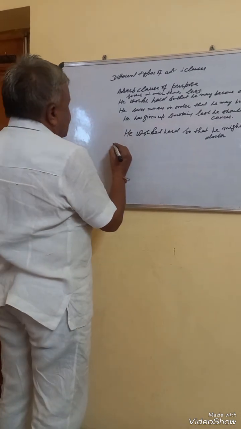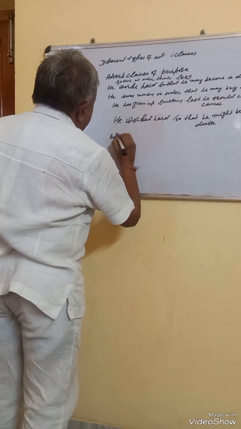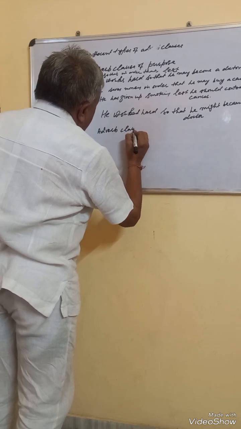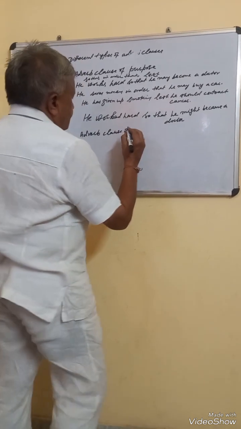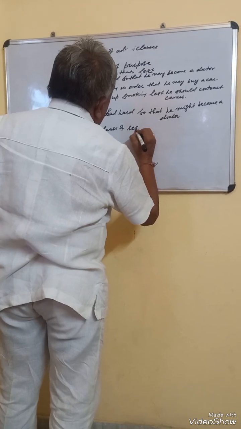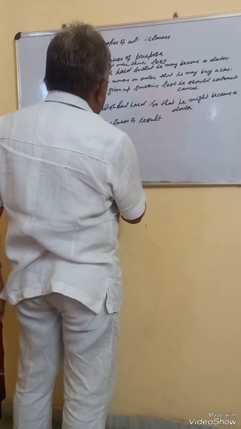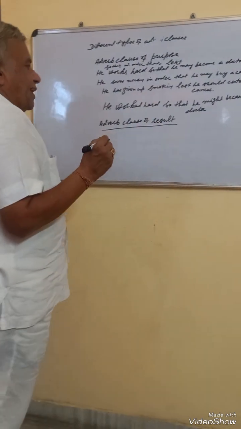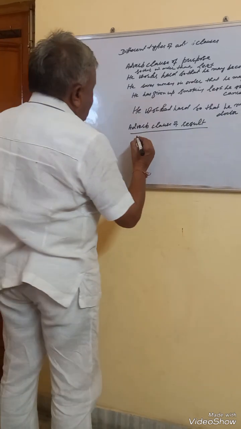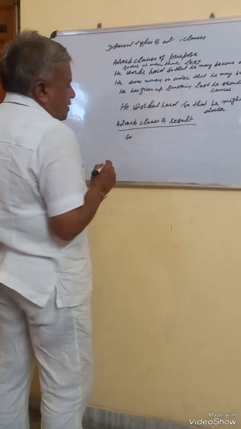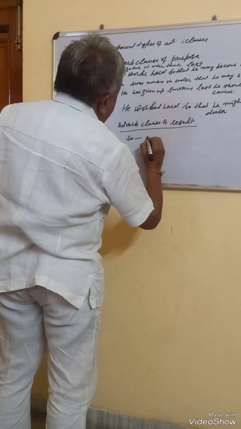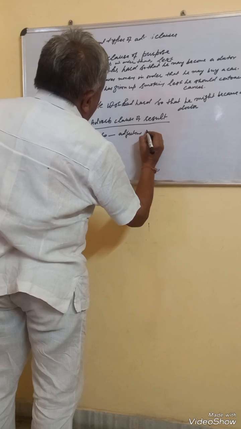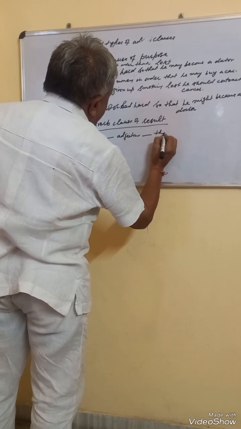Now let us take up the next, the adverb clause of result. To frame this kind of adverb clause of result, we use such conjunctions as so, then adjective, then that clause.